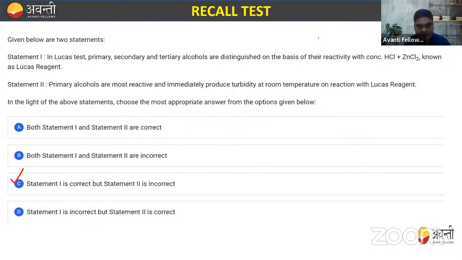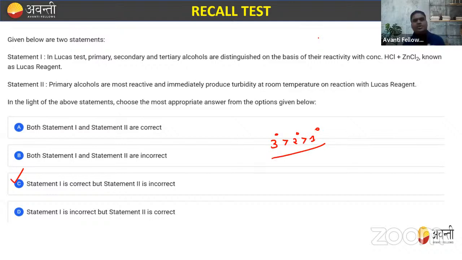Very good, beta. If I'm talking about tertiary alcohol, turbidity appears immediately. So the order of reactivity is 3 degree, 2 degree, and 1 degree. This is the correct order of reactivity.